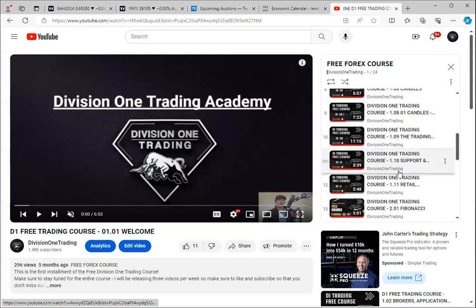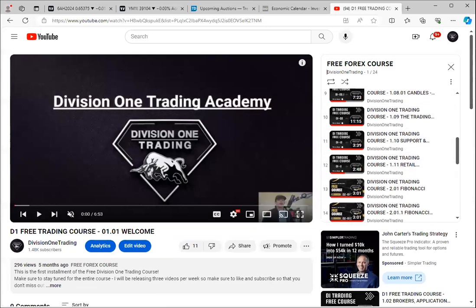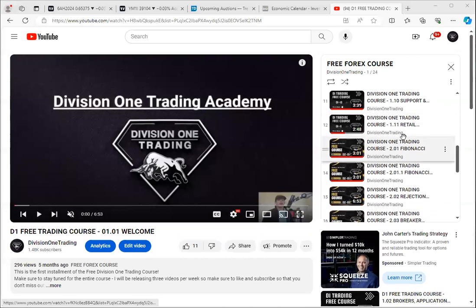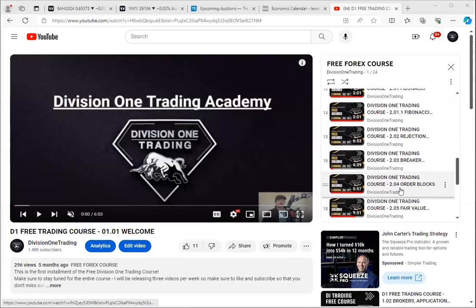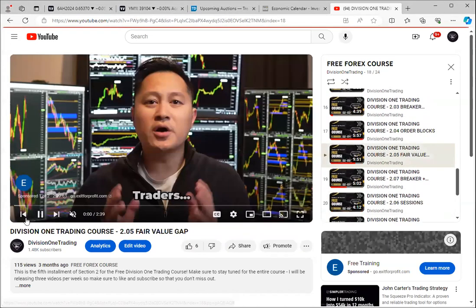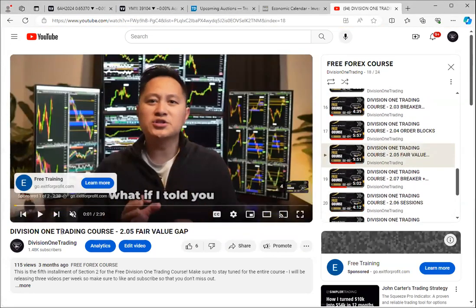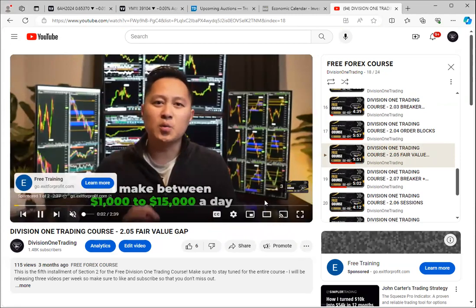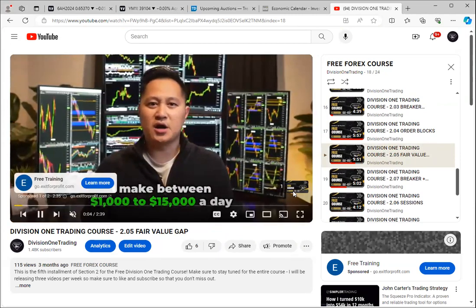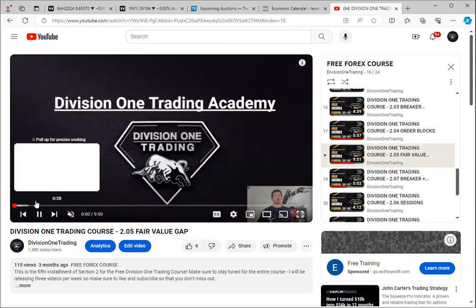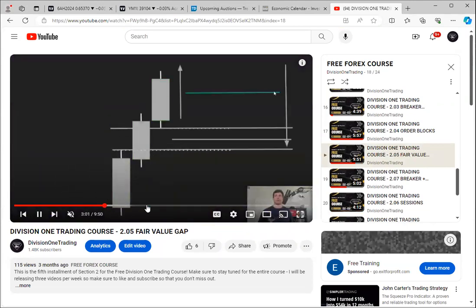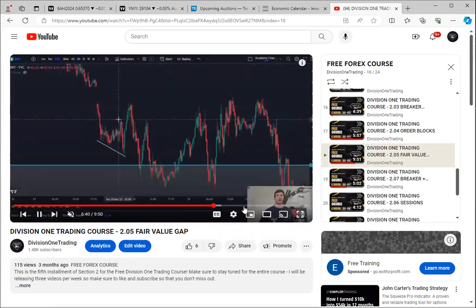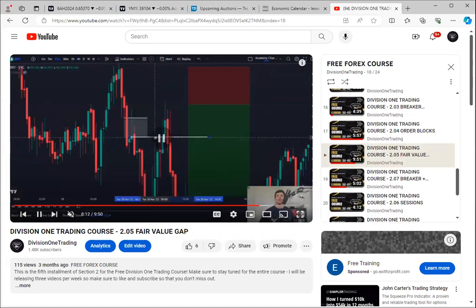So right here, section 1 is just the basics on the market. But as you go here, you can see different things. Like right here, 2.05 is the fair value gap. And then you can go into that and figure out exactly how it works and how we identify them and how we look at them. And we go through some examples as well.